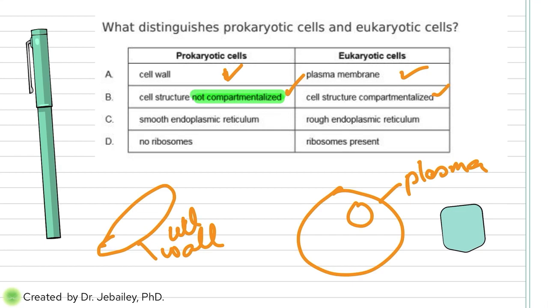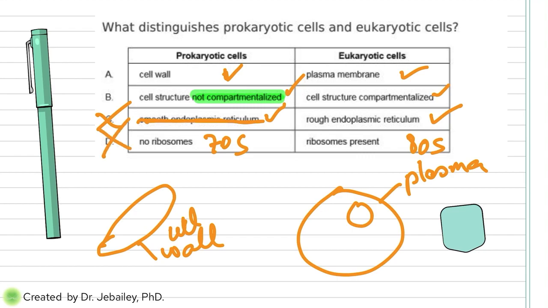The next one says prokaryotic cells have smooth endoplasmic reticulum, while eukaryotic cells have rough endoplasmic reticulum. No. We know prokaryotic cells do not have any organelles, so this is out of the way. The next one says prokaryotic cells have no ribosomes. That's not true. They have 70S ribosomes, while eukaryotes have 80S, so that's no.